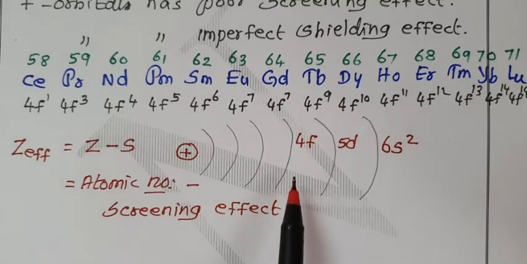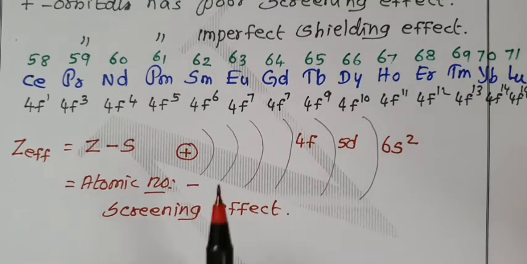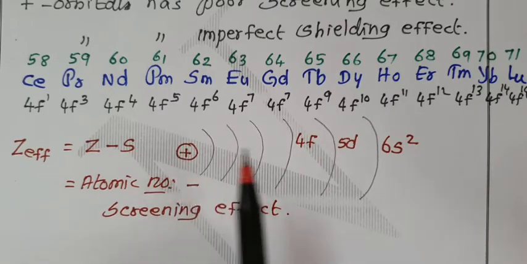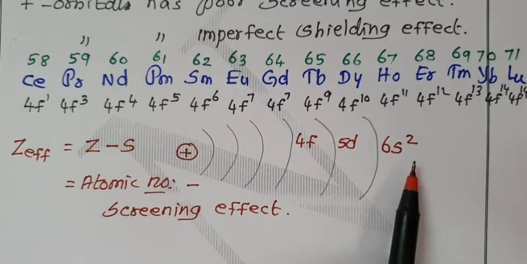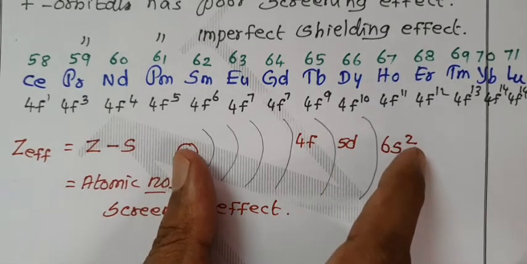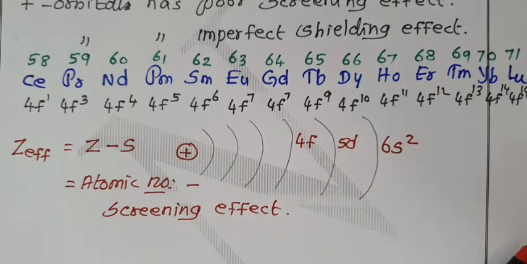This is due to the imperfect shielding of 4f electrons. Due to this, the effective nuclear charge on the valence electron increases. Therefore, the nucleus pulls the outermost electron towards itself. So, size decreases.